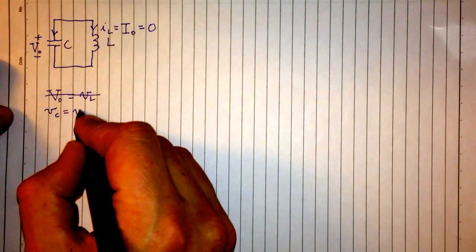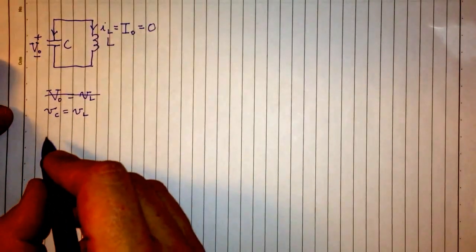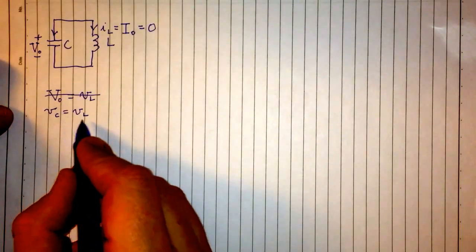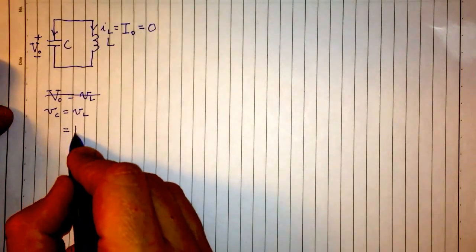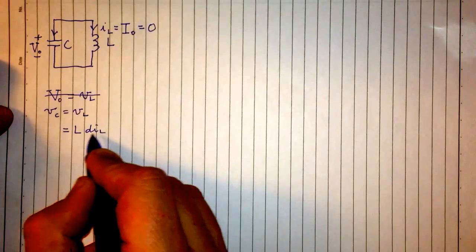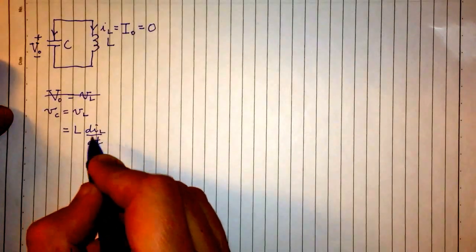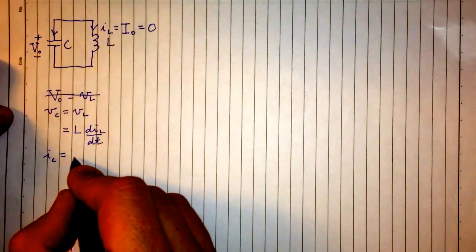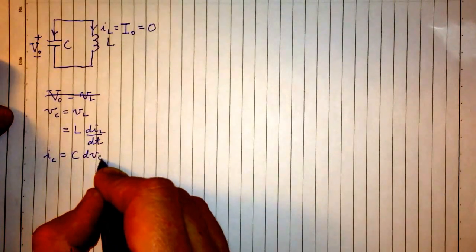VC is equal to the inductor voltage. Now VL is L di dt, and we remember the element relation for the capacitor is IC equals C dV dt.